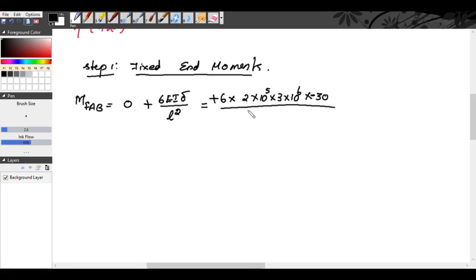Now see, this E is given in terms of Newton per mm square and I is given in terms of mm raised to 4 and delta is given in terms of mm. So everywhere the unit is Newton and mm. So we will convert this L into mm. So the span length is 3 meter. So we get 3000 square.